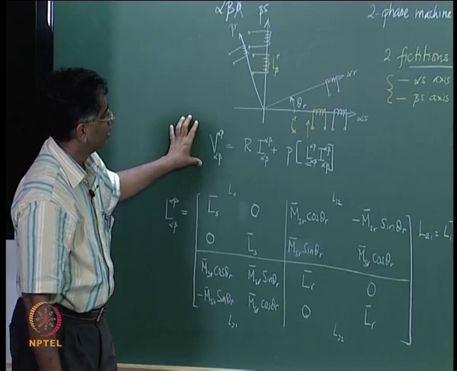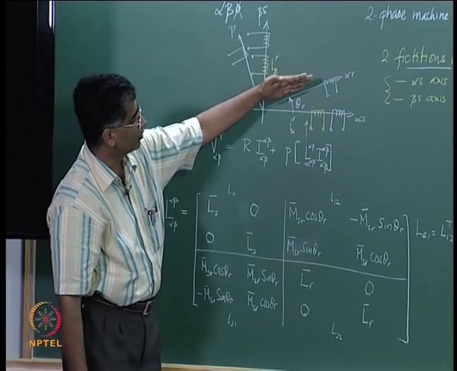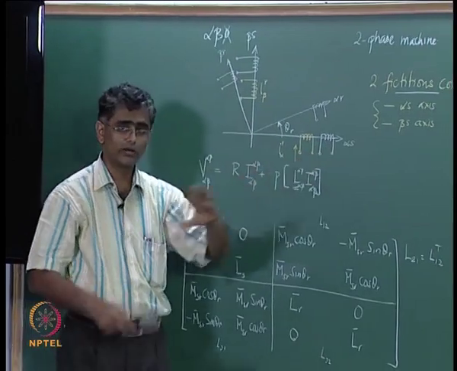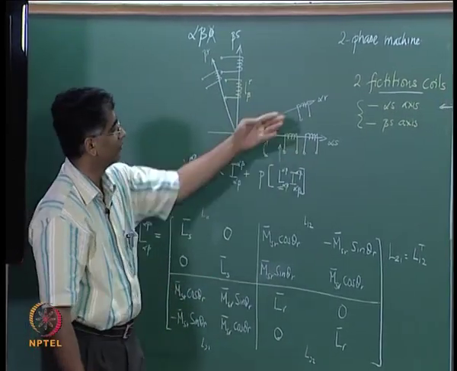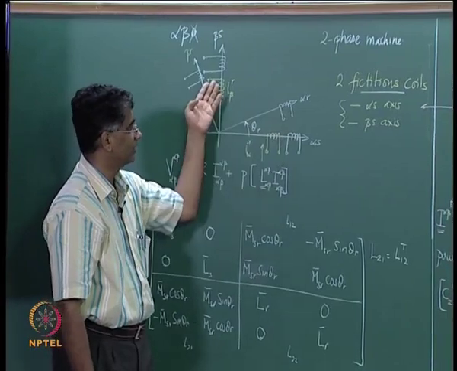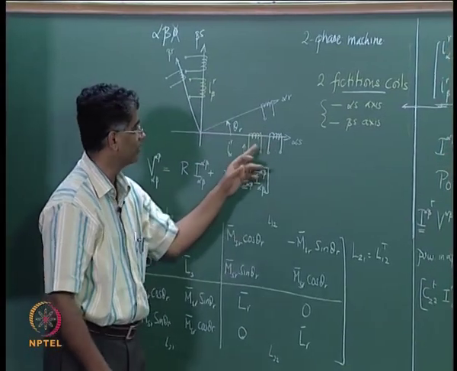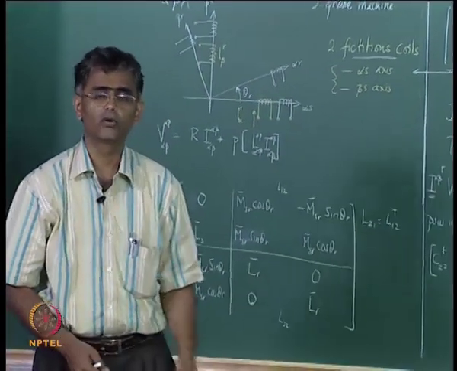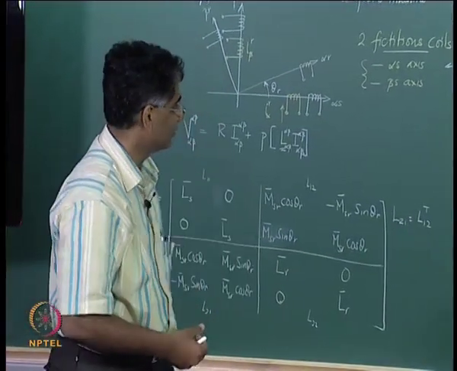Now we want to transform only the rotor to fictitious coils. Here the stator is already stationary, and therefore if you transform the rotor to stationary here, then all these four are stationary with respect to each other. We hope therefore that the rotor angle will not appear in the equations.